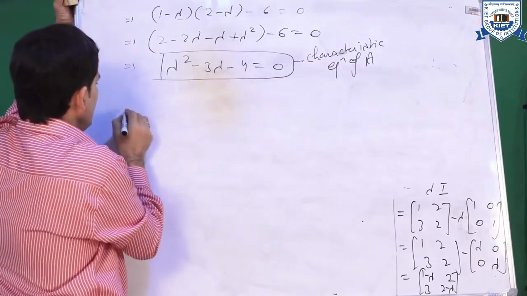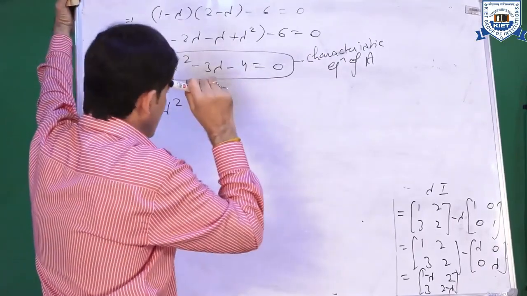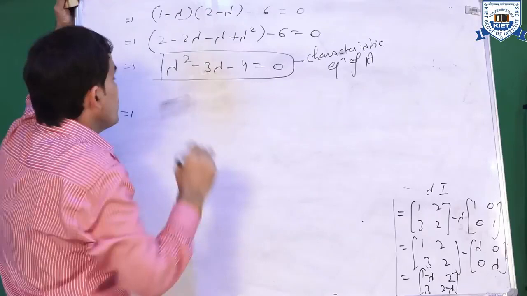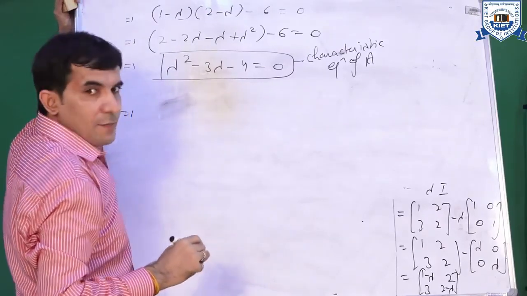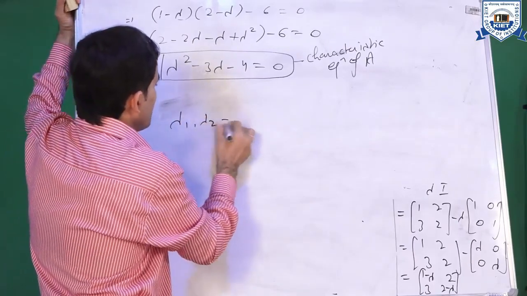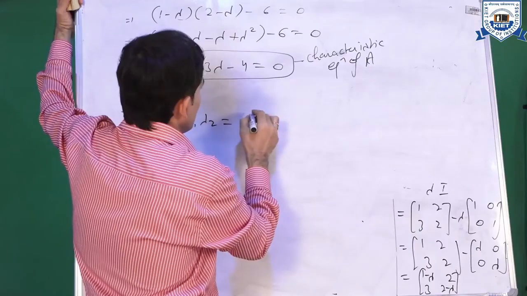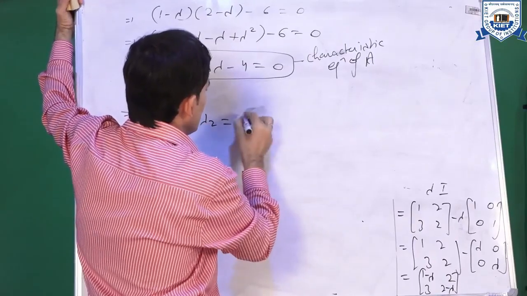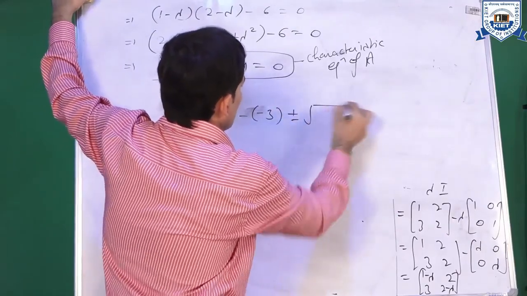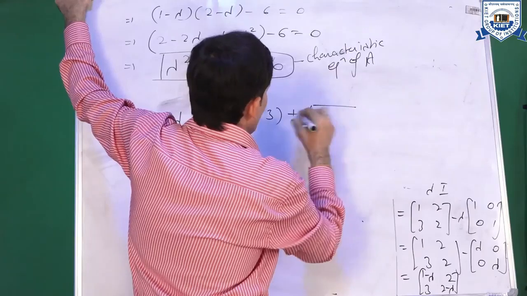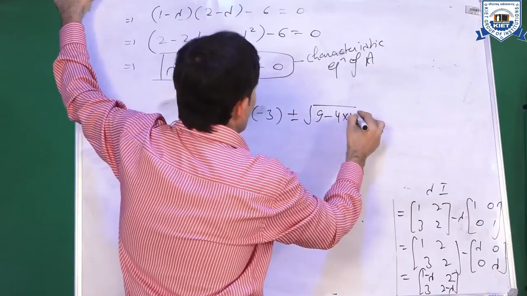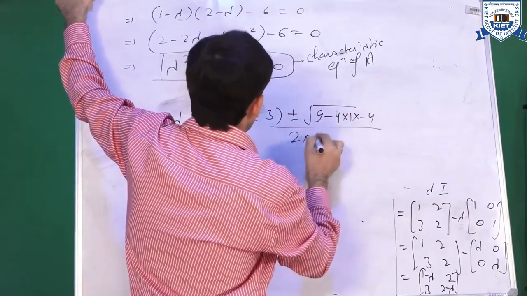On solving this equation, we have to find the roots of this equation. Because this is a quadratic equation in lambda, we can apply the Sridharacharya rule. Then lambda 1, lambda 2 is equal to minus 3 plus minus under root 9 minus 4 into, upon 2 into 1.